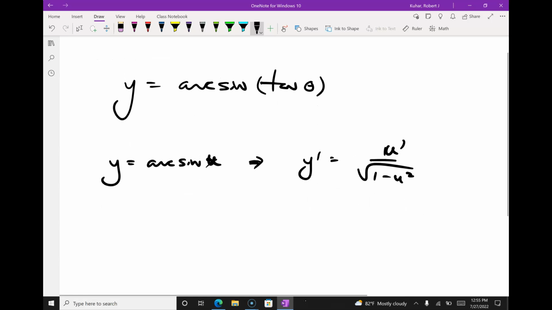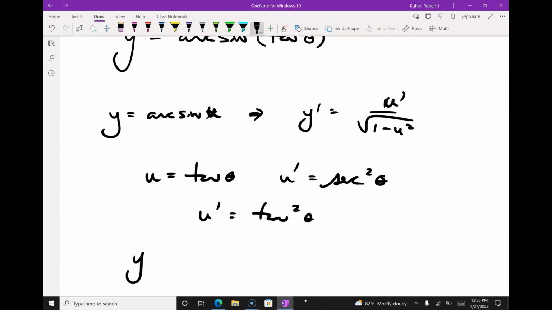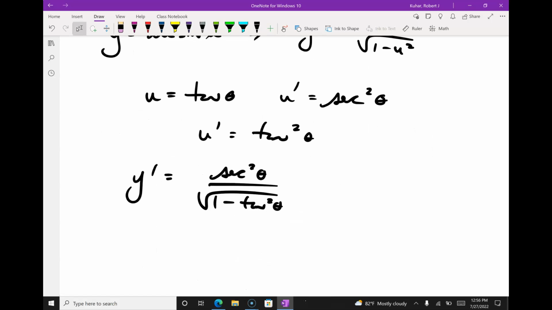So what's the value of u? Yeah, tan of theta. What is u prime? Secant squared theta. And what is u squared? Tan squared theta. So I think I can go right to that. Y prime is secant squared theta over the square root of 1 minus tan squared. I should try and simplify this, right?